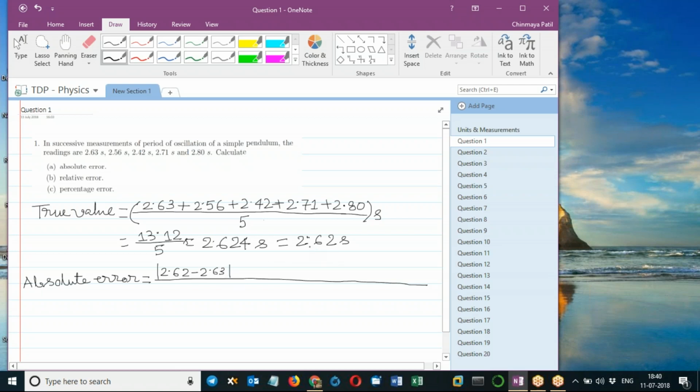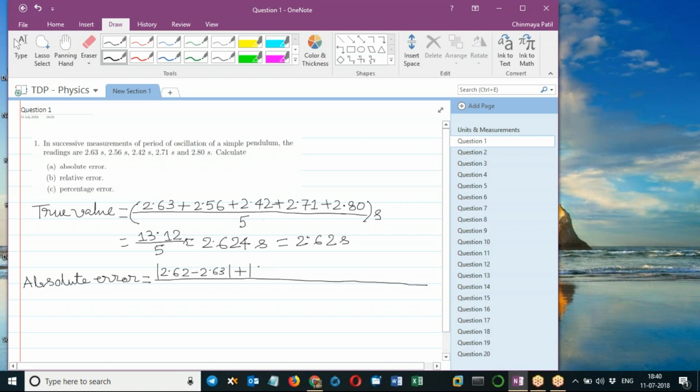Because 2.62 is the true value. Now in the first experiment, the error is 2.62 minus 2.63. Then that is the first error. Then the second one is coming something like this.